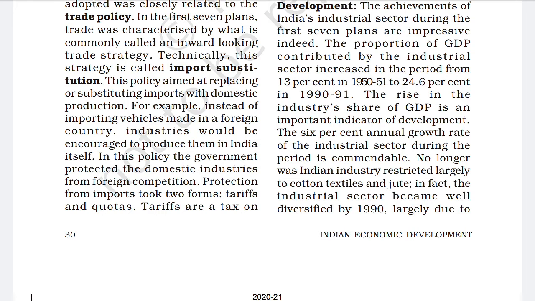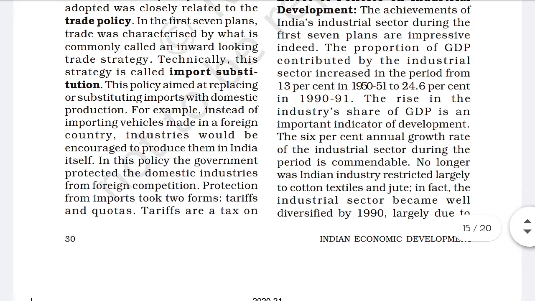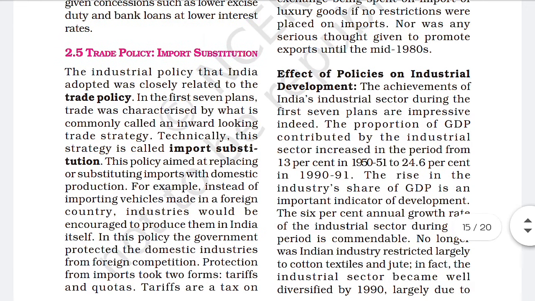So particularly at the time of independence, we know that India was under the control of Britishers and the colonial rule. So at the time of independence, the situation of international trade was not so good.